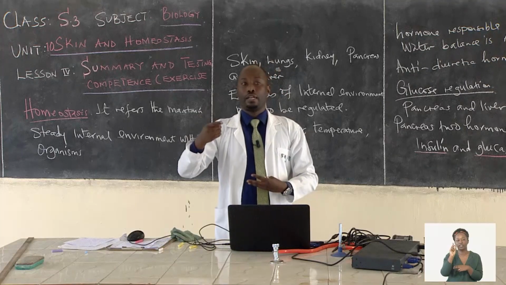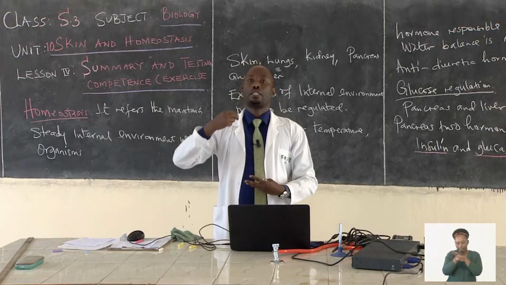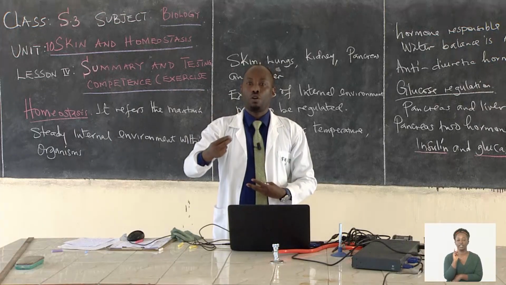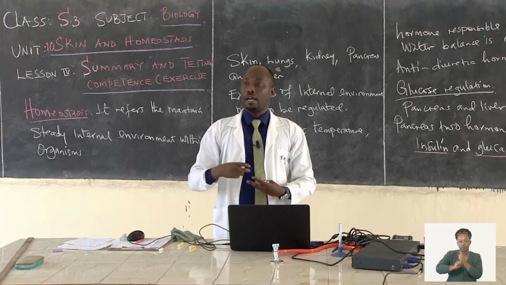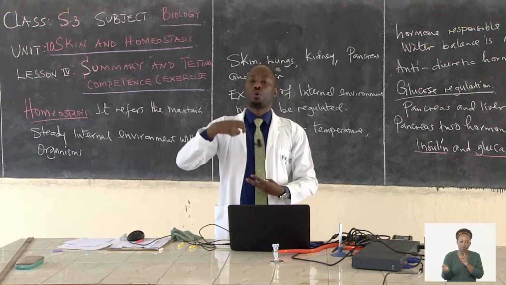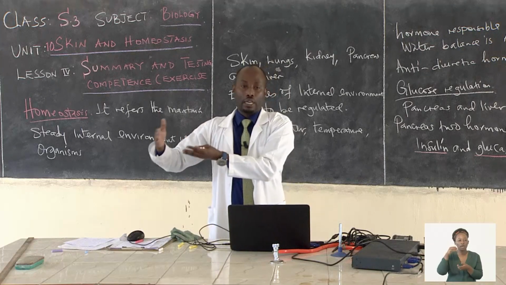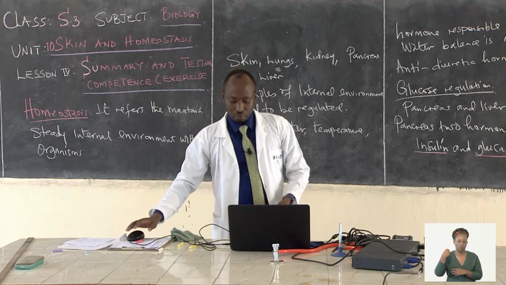The nephron is the basic functional unit of the kidney, which does the action of reabsorption of water. And if water is reabsorbed, then the urine you pass will have less water content.